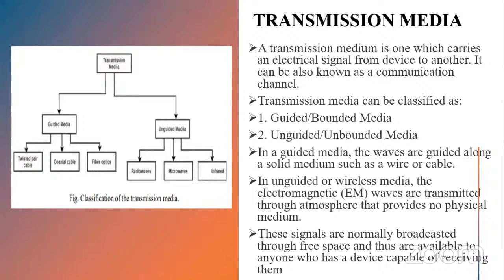In guided medium, if you get this question, you have to draw this picture and explain one by one. In guided medium, there are three categories: twisted pair cable, coaxial cable, and fiber optic cable. Whereas in unguided medium, radio waves, microwaves, and infrared waves. These six, you should explain one by one.